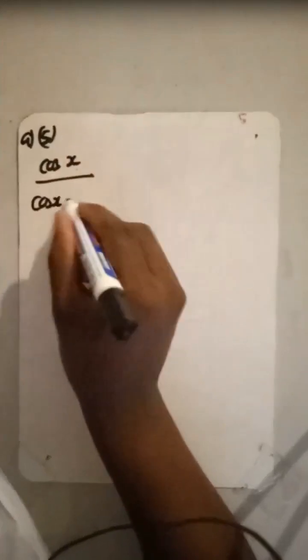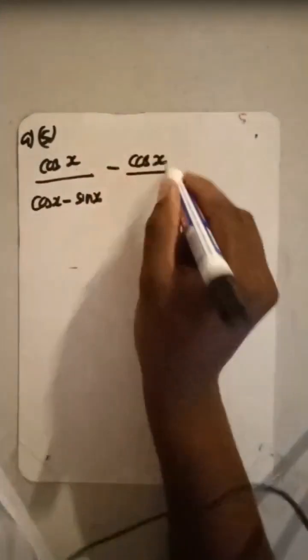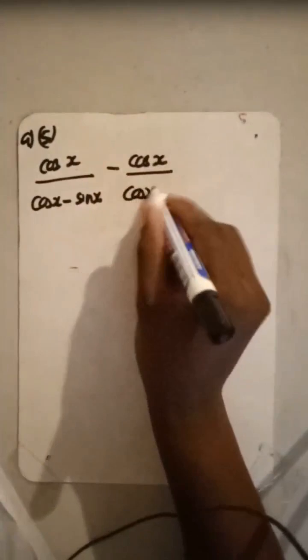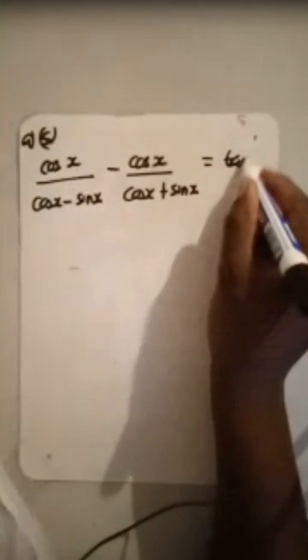cos x over cos x minus sine x, minus cos x over cos x plus sine x, is equal to tan 2x.